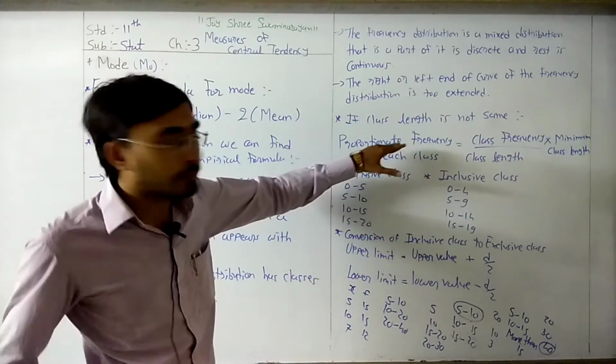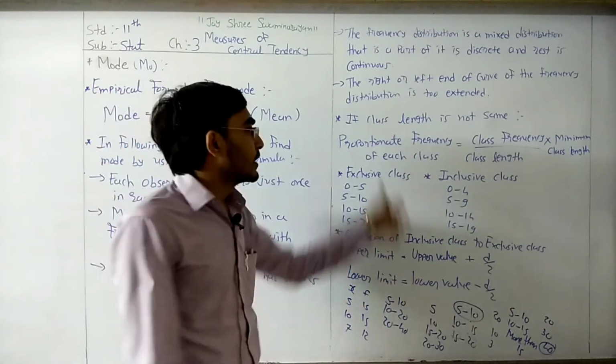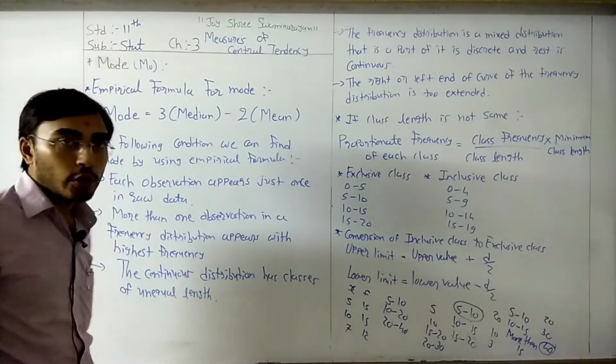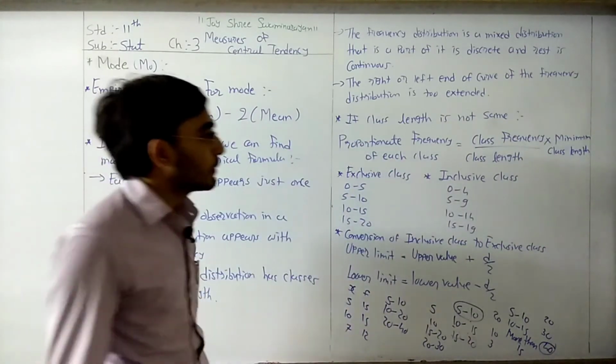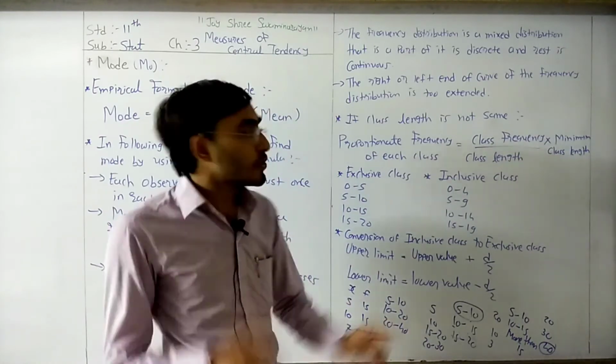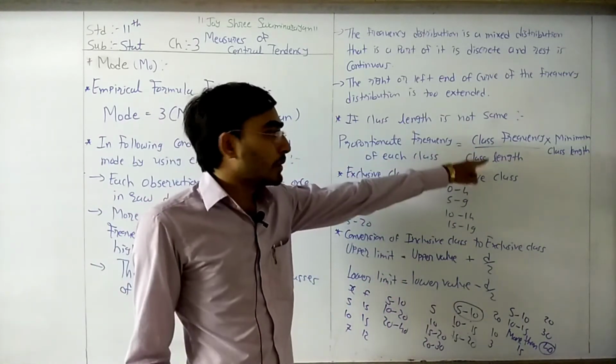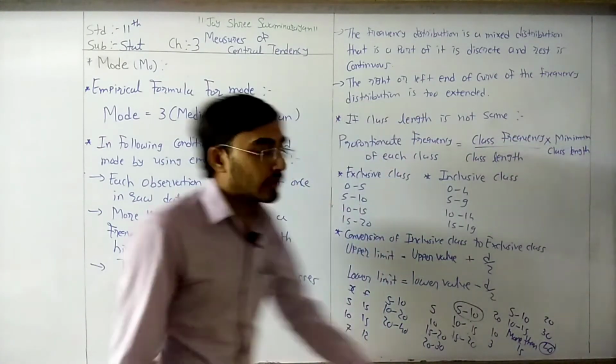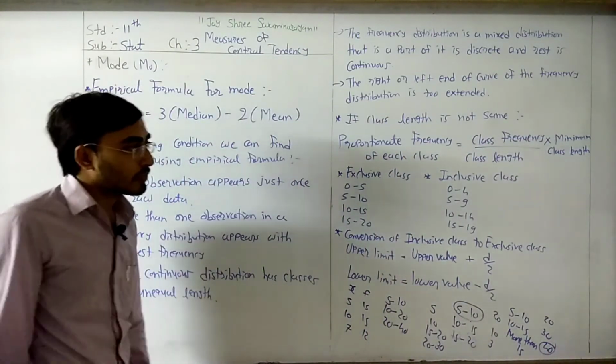These things I will explain directly in the exercise. Right now maybe you cannot understand how we can use this formula. This is the proponent frequency of each class, but just remember this formula: class frequency divided by class length multiplied by minimum class length. I will explain it later on.